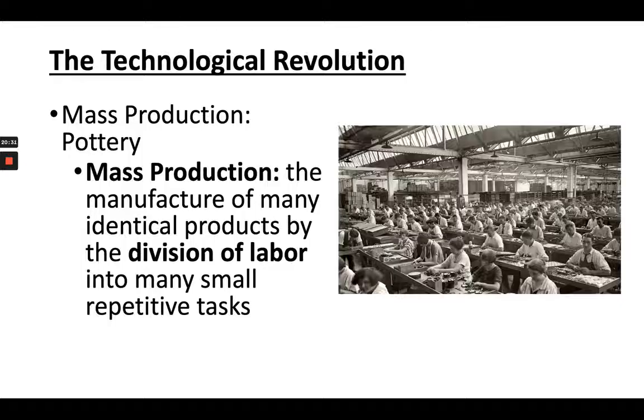A good example of this would be pottery, Wedgwood pottery. So Josiah Wedgwood is an English industrialist whose pottery works were the first to produce fine quality pottery using industrial methods. Because more people were drinking tea, coffee, and cocoa, thanks to colonialism, you needed more teacups.